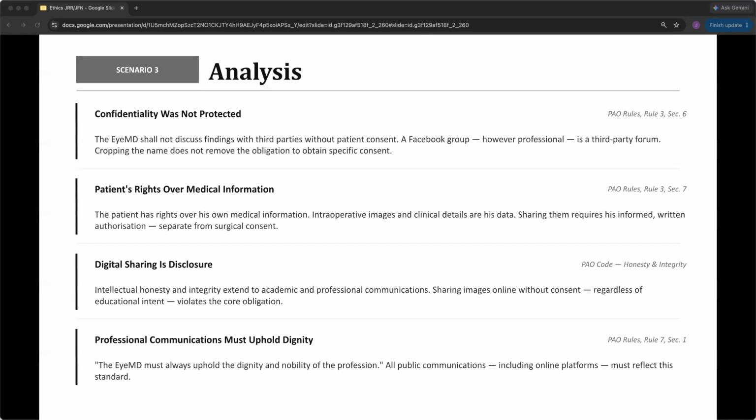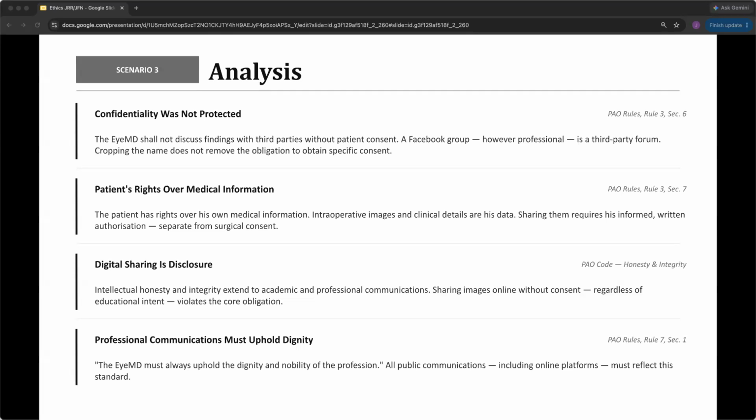For the analysis, let's first return to our two questions. First, was the patient's anonymity truly protected? The answer is no. Removing a patient's name is not the same as adequately de-identifying a case. Rule 3, Section 6 of the PAO implementing rules requires IMDs to preserve patient confidentiality and not disclose patient information to third parties without authorization.